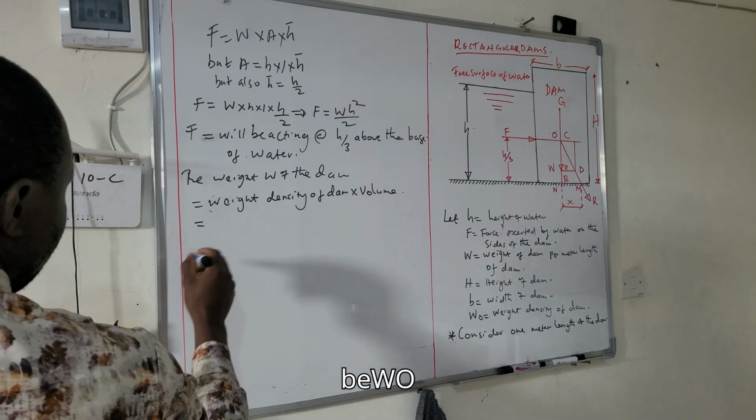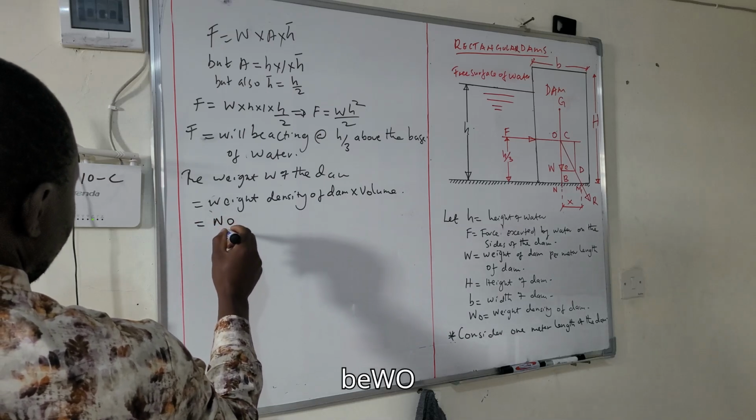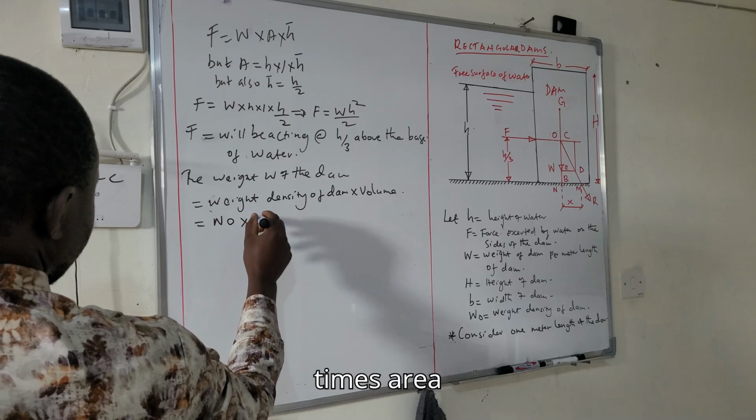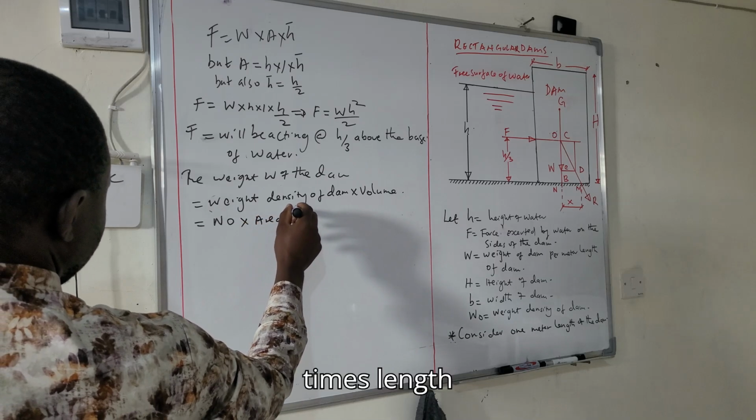So this will be W0 times area times length.